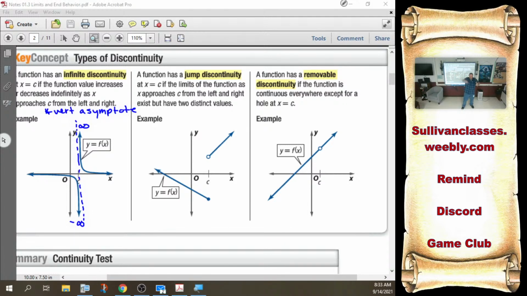She falls down the hill, and it's about to come down the hill and melt her, and then it hits this invisible wall. Cannot pass invisible wall. That's a vertical asymptote. It's a point at which the graph literally cannot go through. Now, there are special circumstances where it can go through a horizontal or oblique asymptote. We'll get those in chapter 2. But vertical asymptotes, there's nothing in this class that will go through a vertical asymptote. Okay?